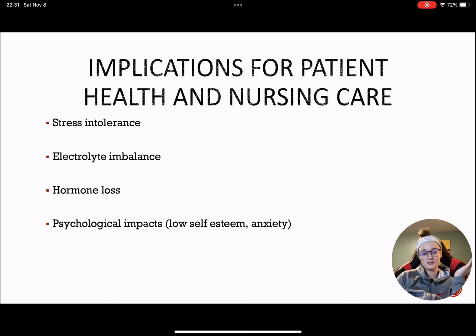Our stress intolerance. When I hear the word stress, to me, I'm thinking of, oh my gosh, I'm stressed, I have so many things going on. That's not exactly what we're talking about in this case. When we think of stress intolerance, we are also thinking of, oh my gosh, I have a lot of stress going on, because that can affect our hormones as well. We're also talking about the amount of stress that our body is going through, okay?